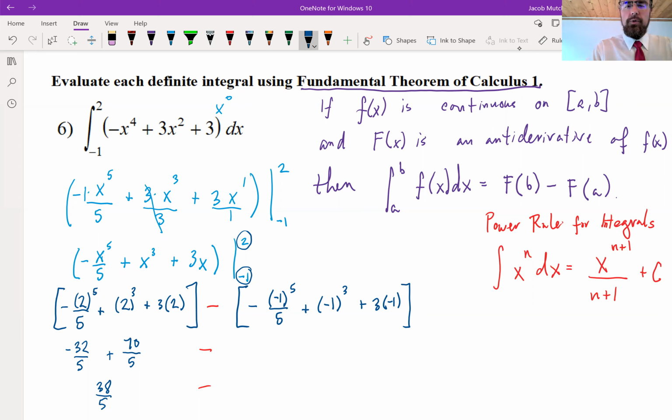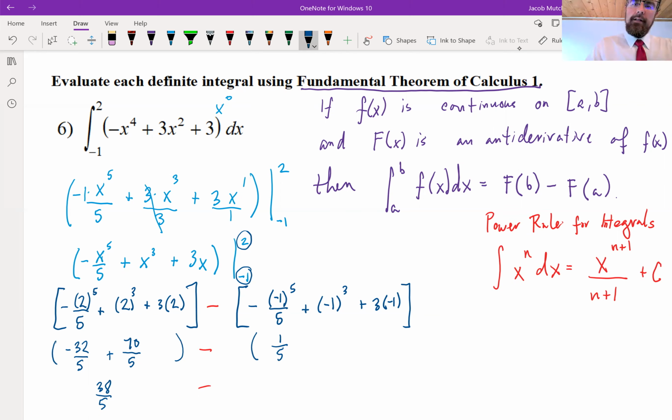That's an odd power, so it preserves the negative, but then -1 times the negative that's already there is going to be +1 over 5. This -1 cubed is going to be -1, and then 3 times -1 is -3, so that's going to be -4. But again, I want to call it something over 5, so -4 times 5 is -20.